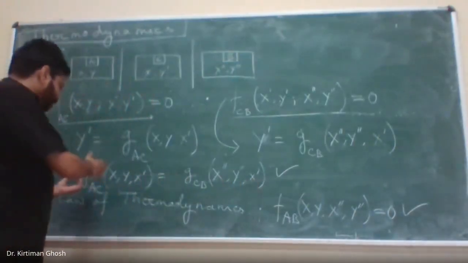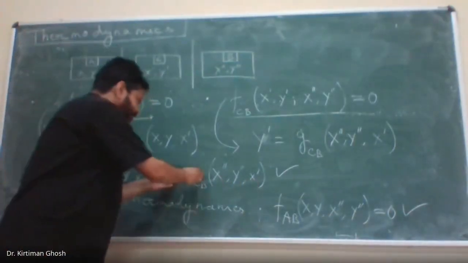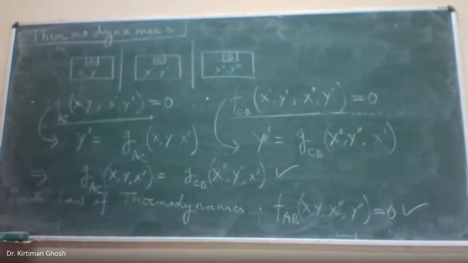The functional forms of this g of AC and g of CB should be such that you are able to eliminate this x prime from this relation.